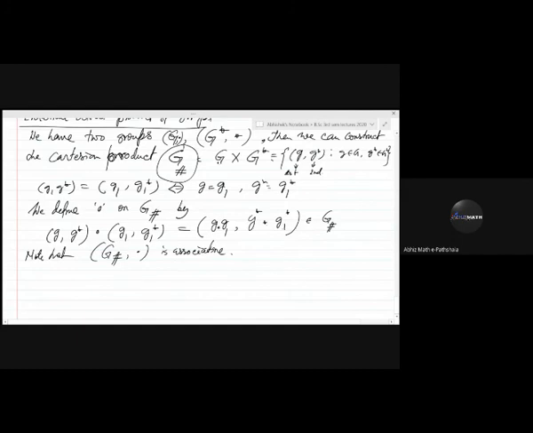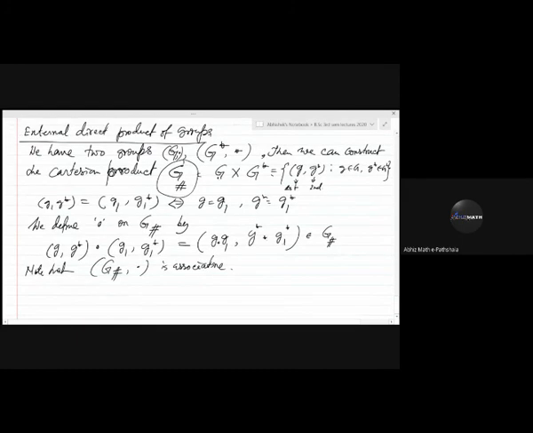Okay. Now, what would be the identity, if any? Now, you observe that G has an identity. Suppose it is EG, the identity of G, and EG star, the identity of G star, right?